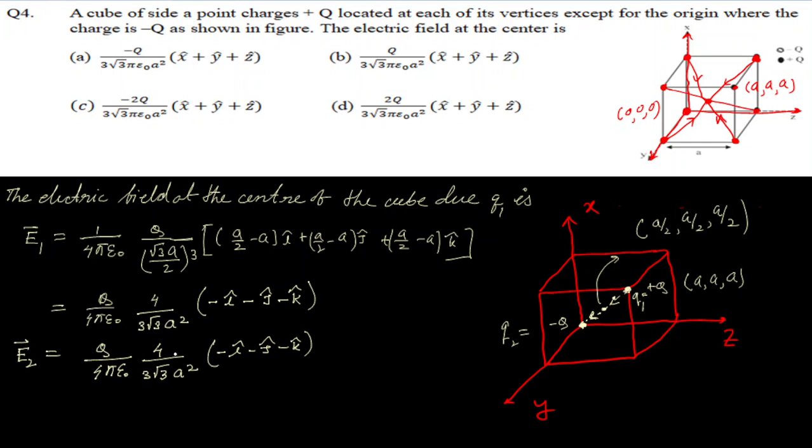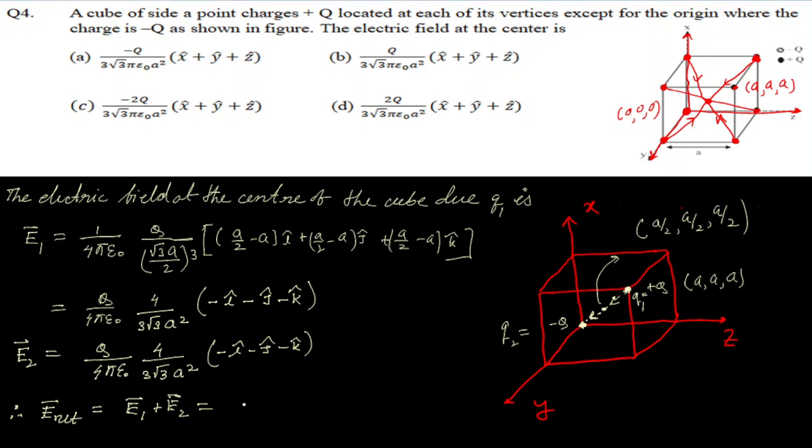Now according to the superposition principle, if you want to calculate the net electric field, what you have to do? You have to add them together. Therefore the net electric field at the center of the cube, E net, is equal to the sum of these two electric fields, E1 plus E2. So what will be the summation of these two vectors?